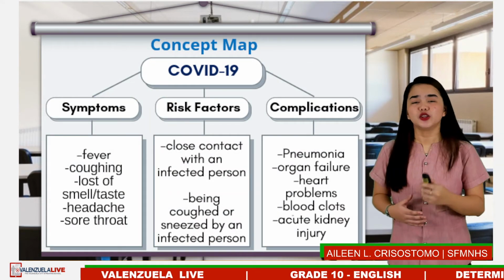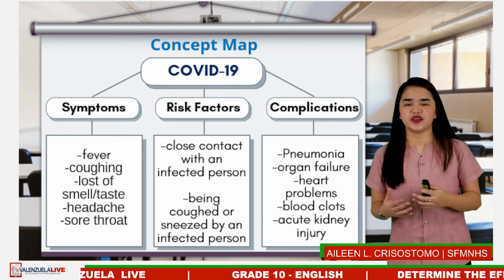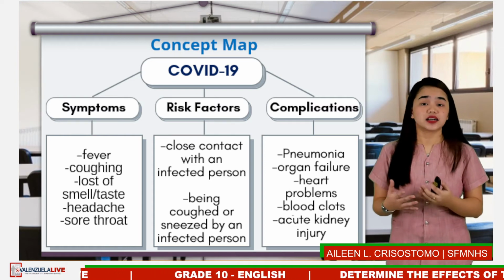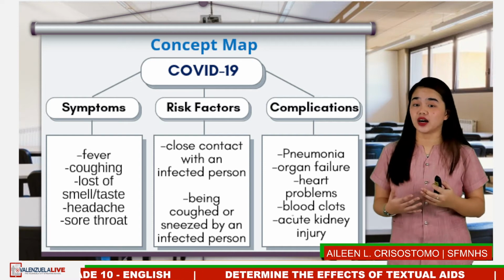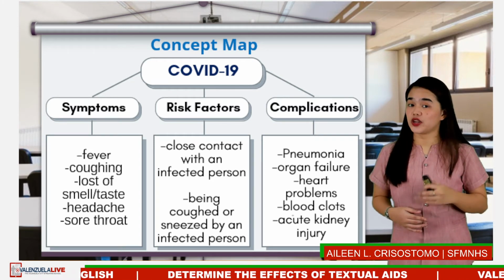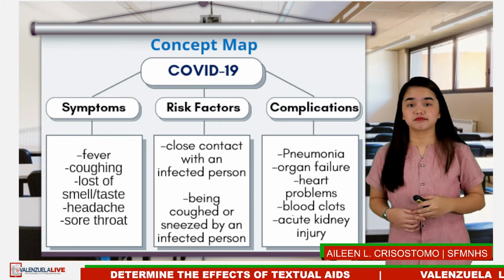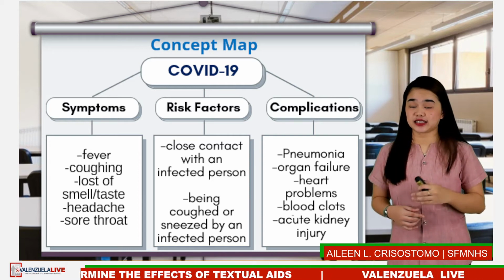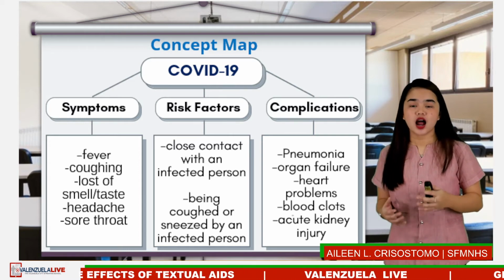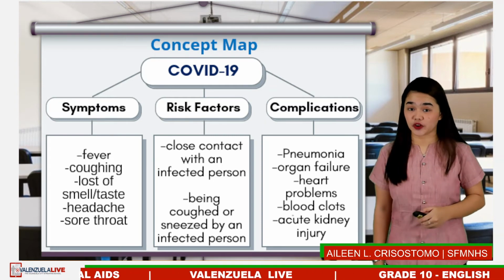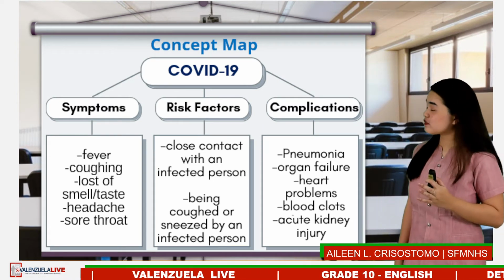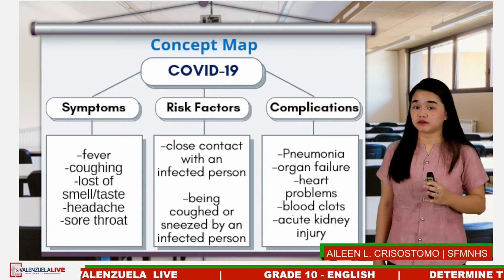After that, do a quick brainstorm. What are the facts, ideas, concepts, themes, queries, etc. that come to your mind when you think about this topic? You may indicate its symptoms like fever, coughing, loss of smell or taste, headache, and sore throat. Risk factors may also be enumerated.